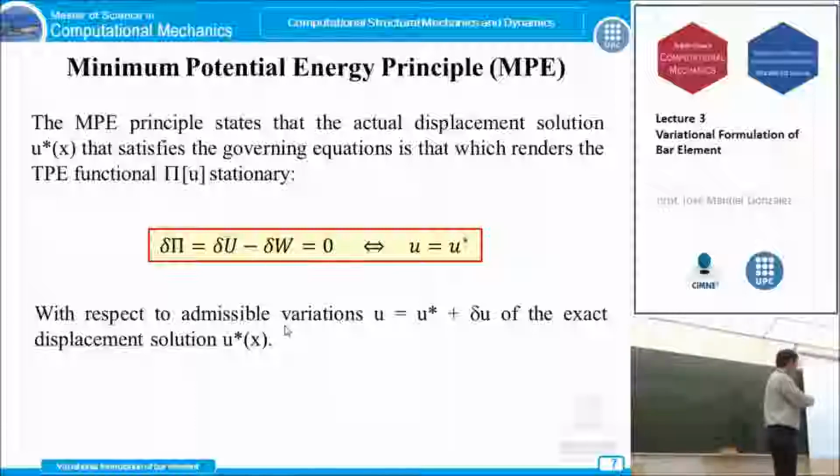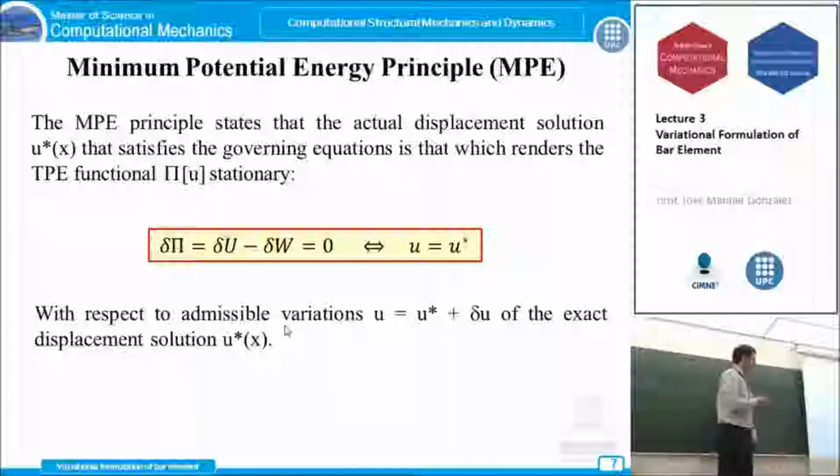That means this variation must be 0 for the displacement function solution of the problem. So this is our minimum potential energy principle, which is the one we're going to use to formulate our variational formulation to get to the governing equations of the problem in the discrete space, from the discrete point of view.